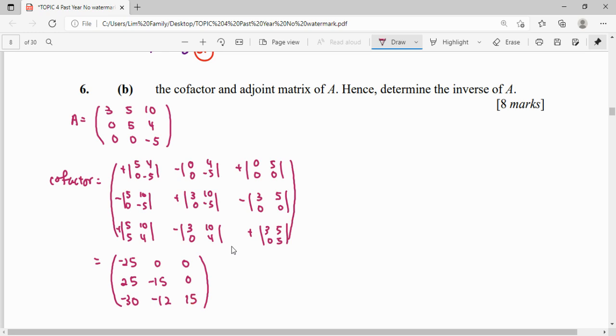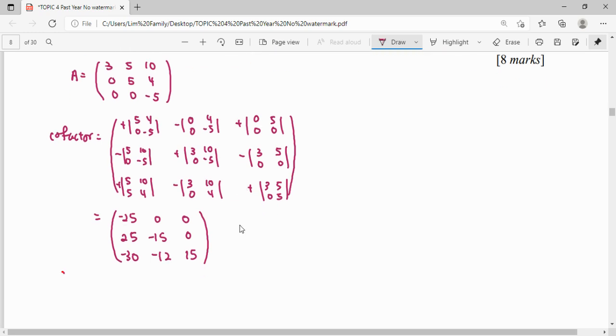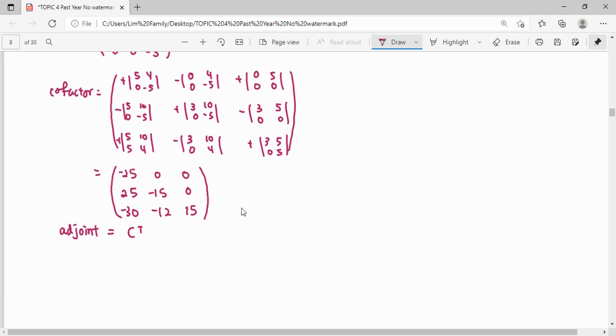Then after that, we are going to find our adjoint. The adjoint equals the cofactor transpose. So our row 1 becomes column 1, row 2 becomes column 2, row 3 becomes column 3. So that will be our adjoint.